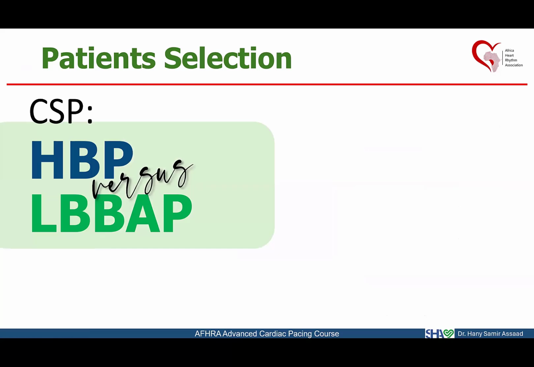Another question in patient selection in 2025 you should be answering, and we will answer it very briefly because we will have other presentations during our course to answer it. So if it's a conductive system pacing, would it be His bundle pacing or left bundle branch area pacing?